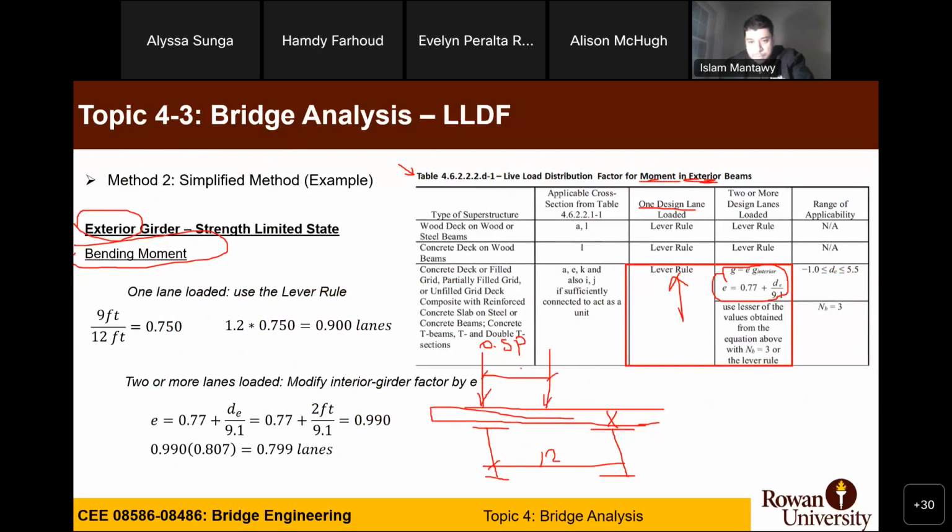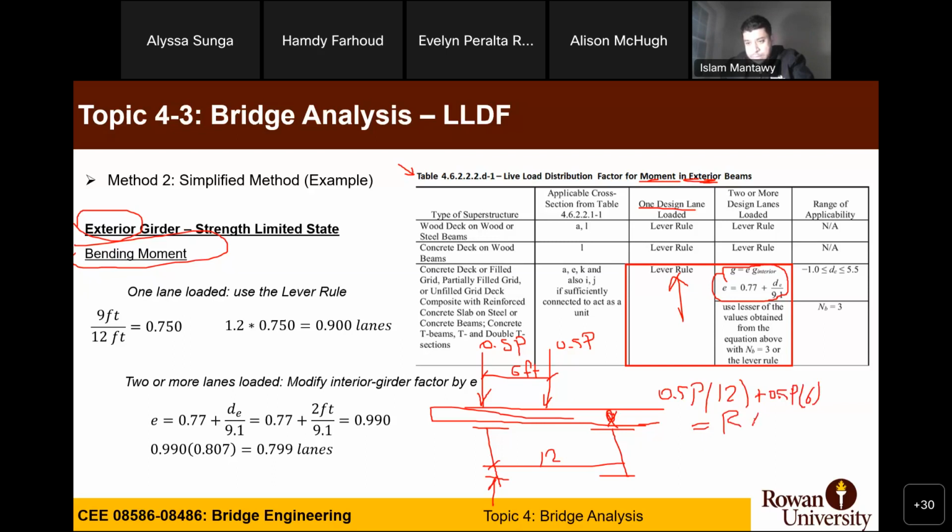So can we calculate the reaction here using the lever rule, if we treat the other one as a hinge? You take 0.5 times 6 times 12, plus 0.5 times 6, equals R times 12.